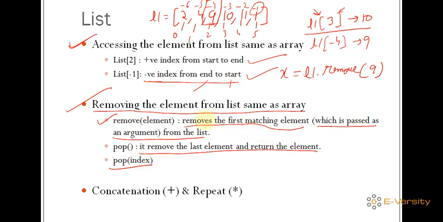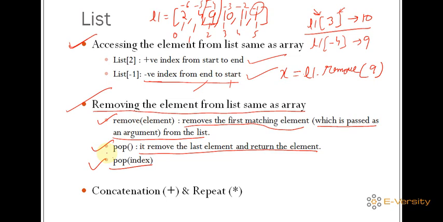Sometimes in an interview they ask what is the difference between pop and pop index. Pop removes the last element of the list, and pop index can remove an element in between, anywhere from start to end.